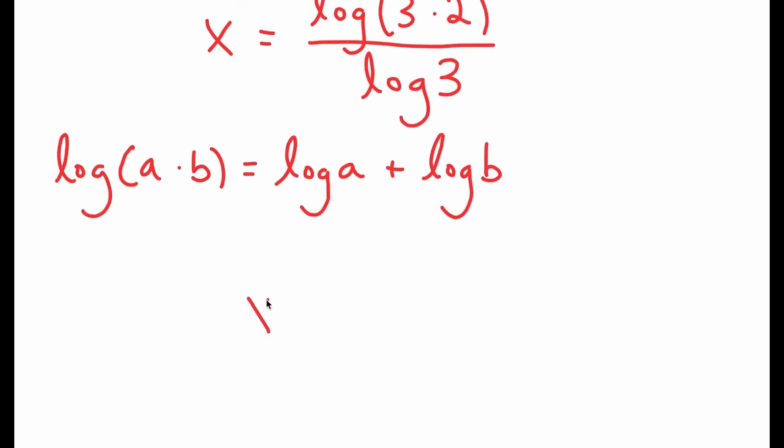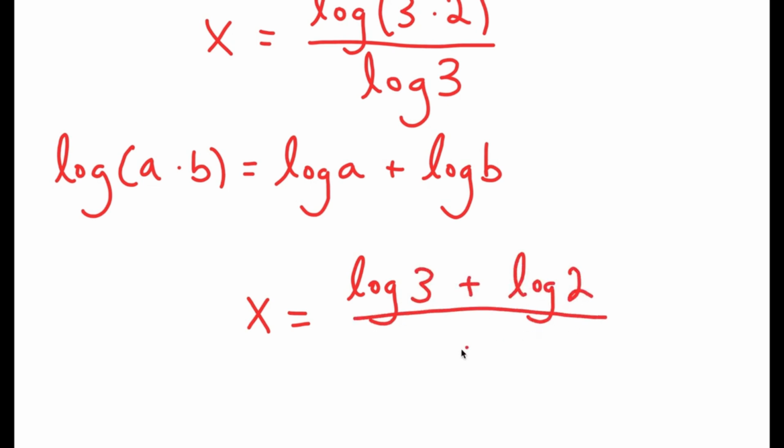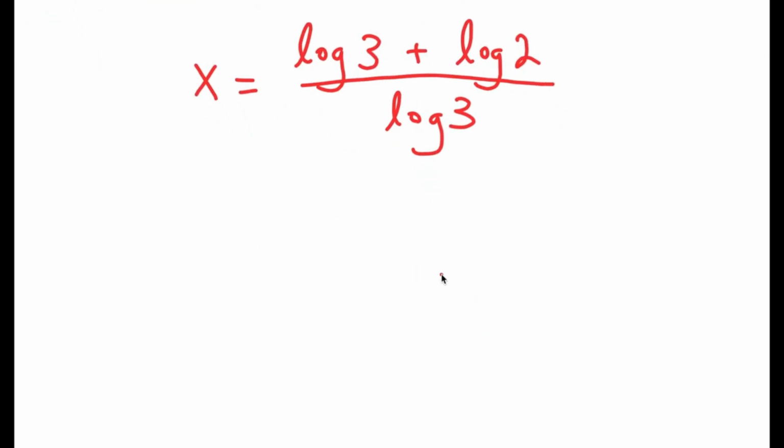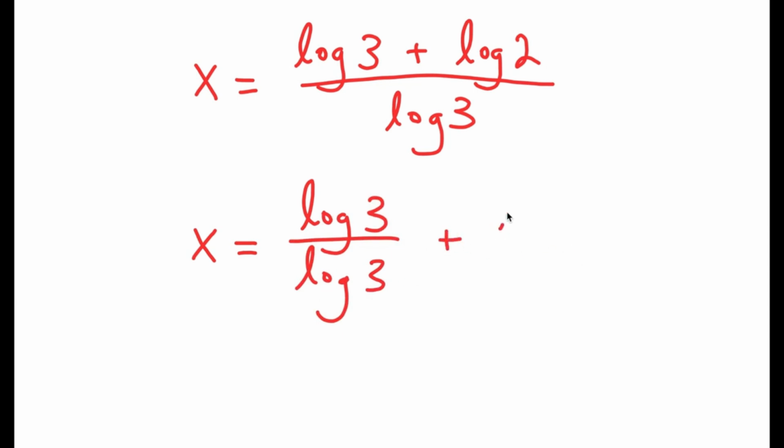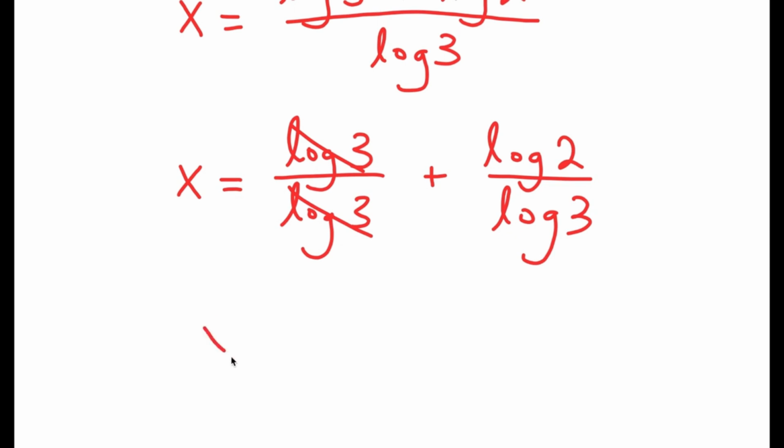So log of 3 times 2 is equal to log of 3 plus log of 2, and I have this over log of 3. So now this turns into log of 3 over log 3 plus log of 2 over log 3. Now these two cancel out, so I get x is equal to 1 plus log of 2 over log of 3.